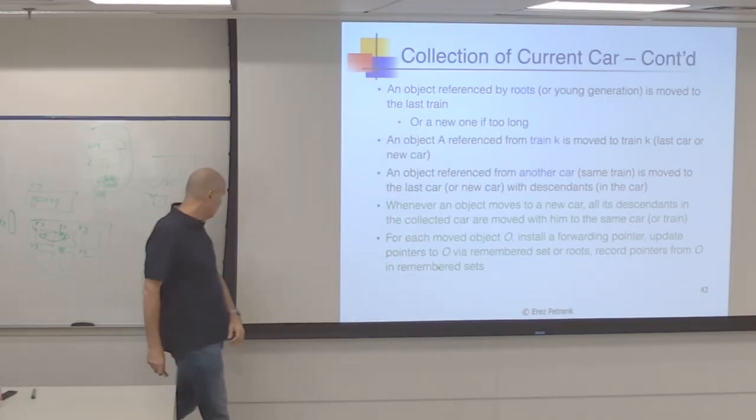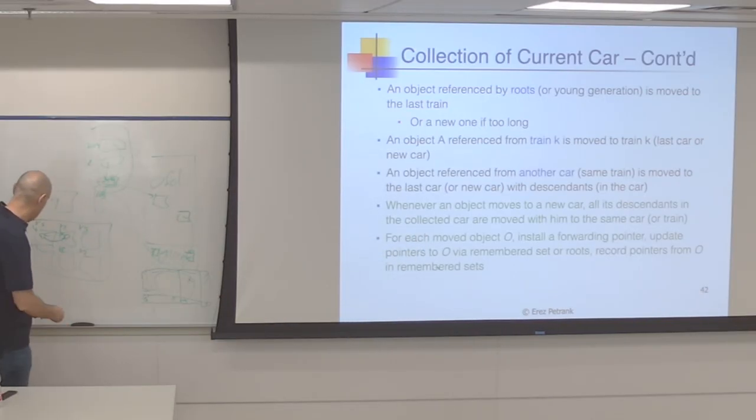So, for example, this is the lowest car, and this is pointing to another object. I could say, let's move this up, then update the remembered set, and then discover that this is referenced by something else, and then move this to the same train as I moved the first one.